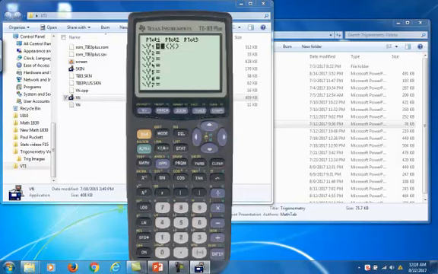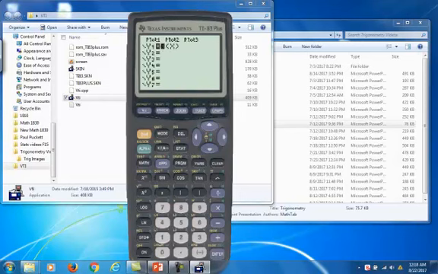Y equals. Now notice if you go to math here, for different roots, if you scroll down, there's one that says cube root of x, and there's one that says x root of x. If you wanted to use this x root of x for different roots, you would have to type in your x first. So let's try that for the cube root. We're going to quit and go to y equals.